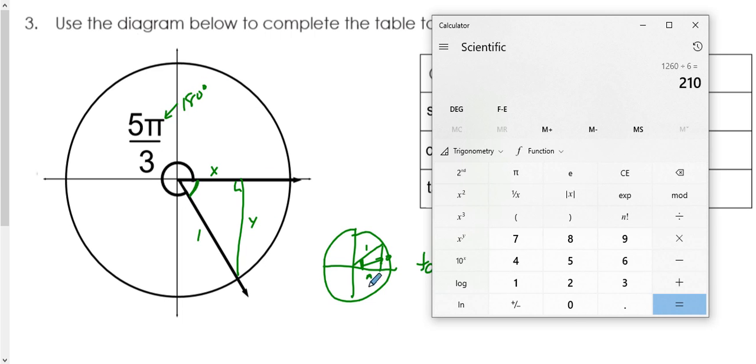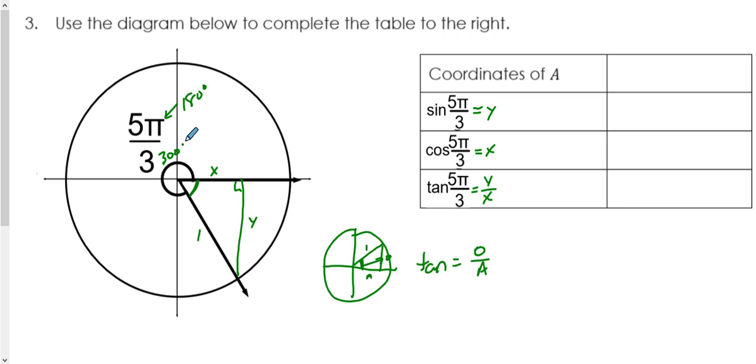So we get our calculator out, and we do 5 times 180, and then we divide that by 3, and we get 300. So that means if this angle right here is 300 degrees, that means this angle here has to be 60 degrees because a full circle we know is 360 degrees. So if this is 60, that makes this 30.